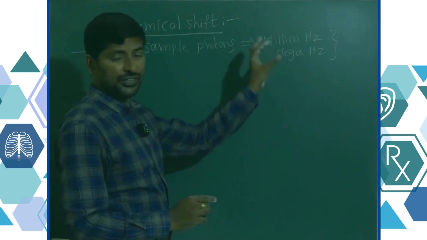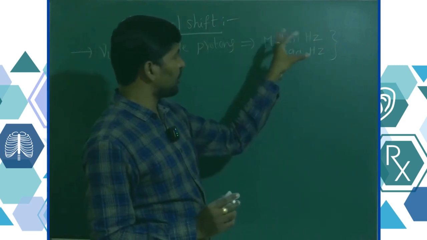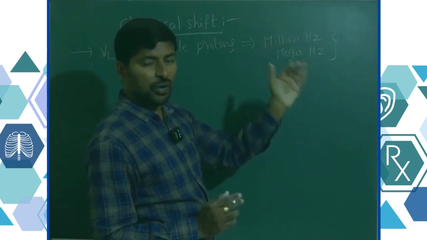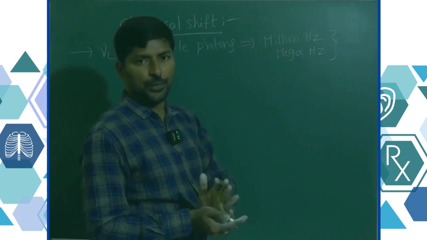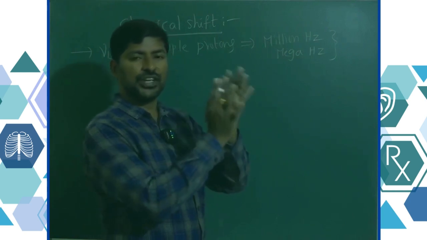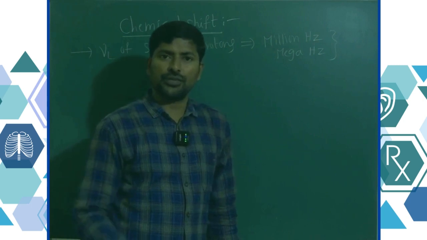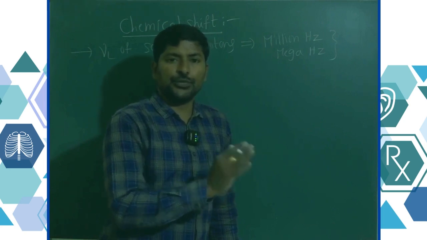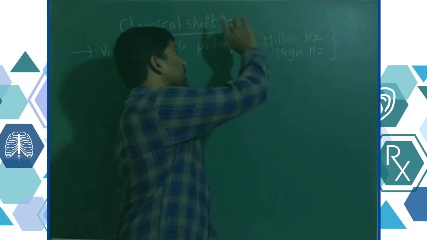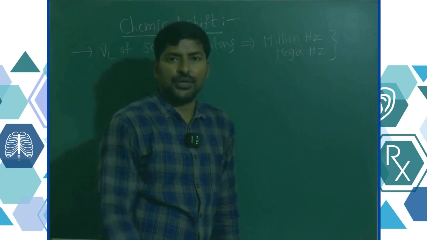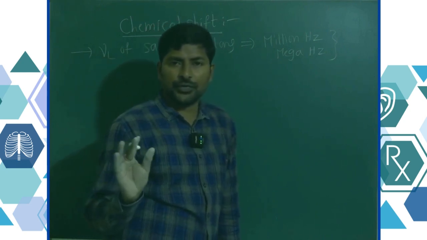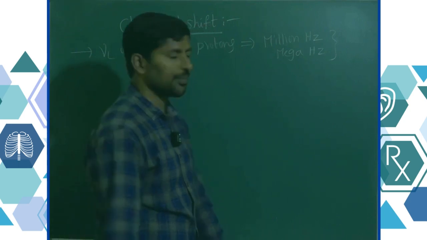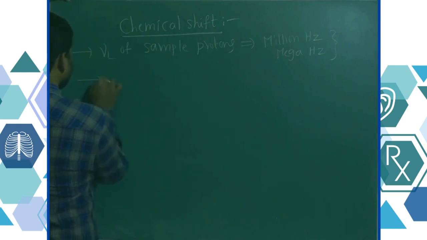Generally, precessional frequencies are in the range of some millions, so it is difficult to handle such large numbers. To convert them into small numbers, we use a reference compound. With respect to that reference compound, we give the precessional frequencies of sample protons in small numbers. So we are not giving absolute precessional frequencies.